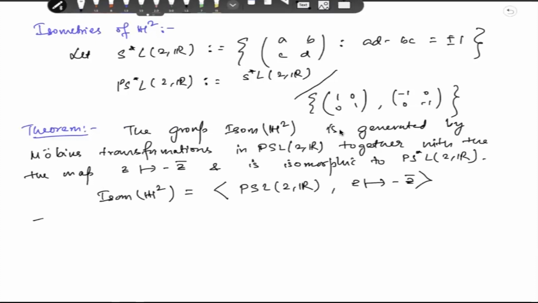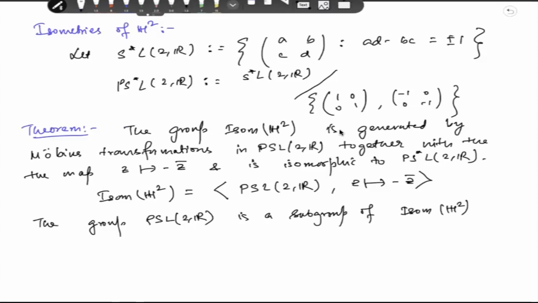Also note that the group PSL2R is a subgroup of the isometry group of the upper half plane of index 2.